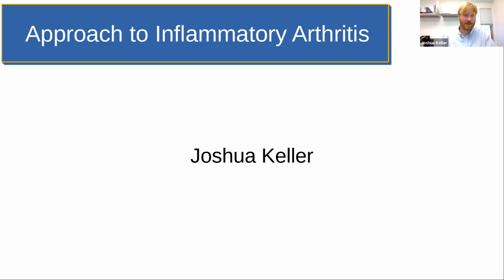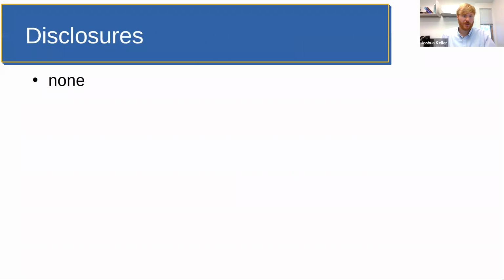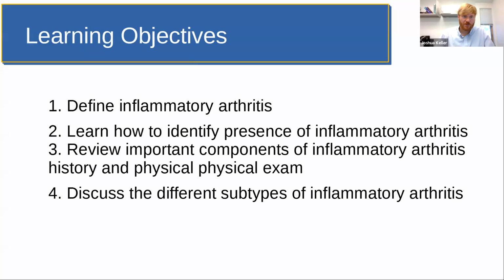Just going to talk today about an approach that you might take to a patient with inflammatory arthritis, or that you might suspect might have inflammatory arthritis. So first, I have no disclosures to speak of. In terms of learning objectives today, first, I'd like to discuss and define inflammatory arthritis for everybody.